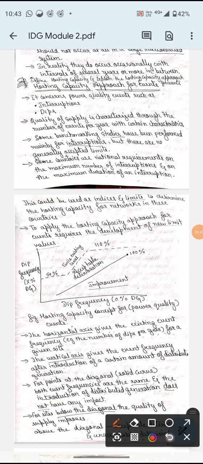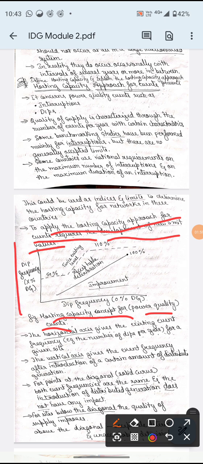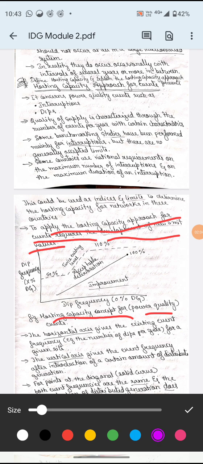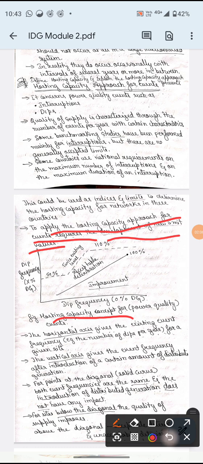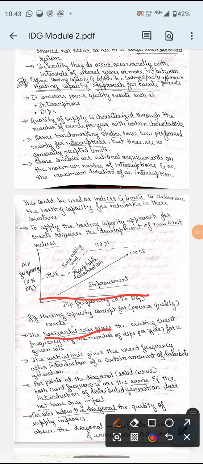So here, to apply the hosting capacity approach for events requires the development of new limit values. Here is the hosting capacity concept for power quality events. On the horizontal axis is the dip frequency, that is the existing event frequency, meaning the number of dips per year for a given site.